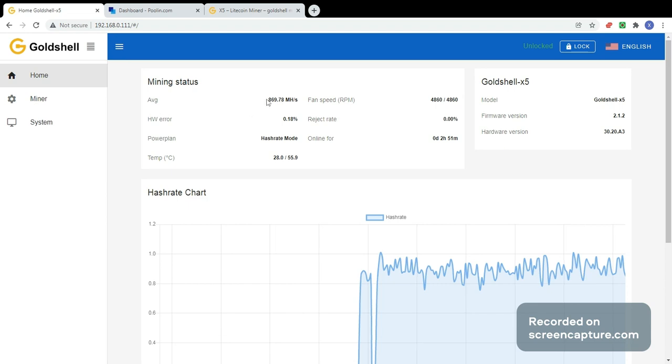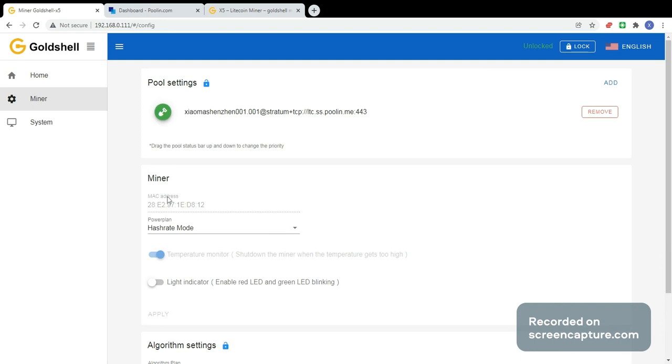This particular miner comes from the factory with three different hashing modes. So you can see here, you can choose between hash rate mode, which is the most powerful one, which can reach 850 megahash per second computing power.